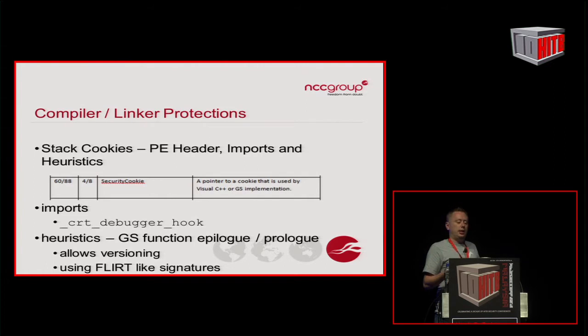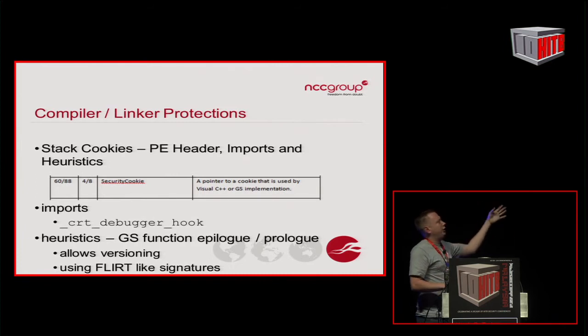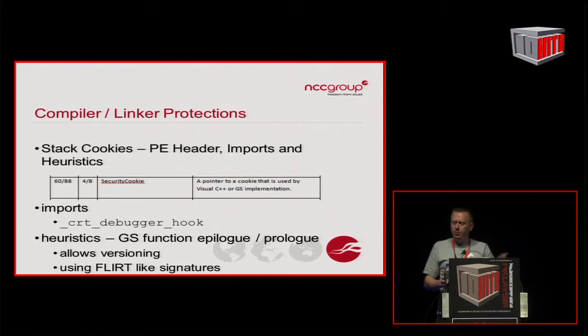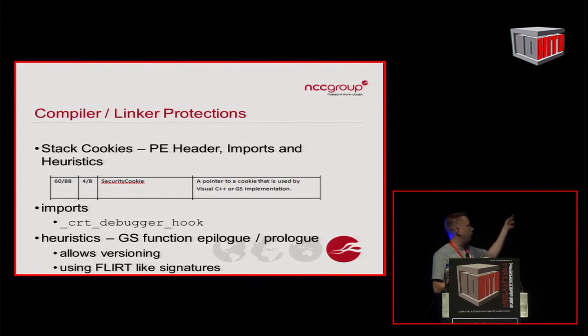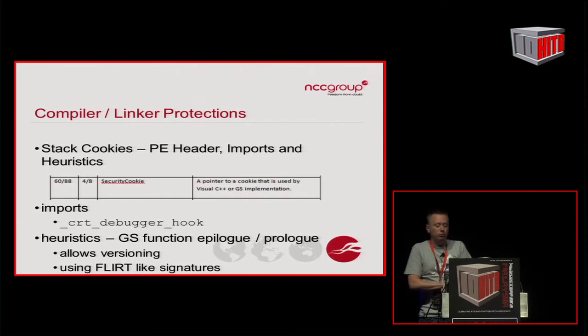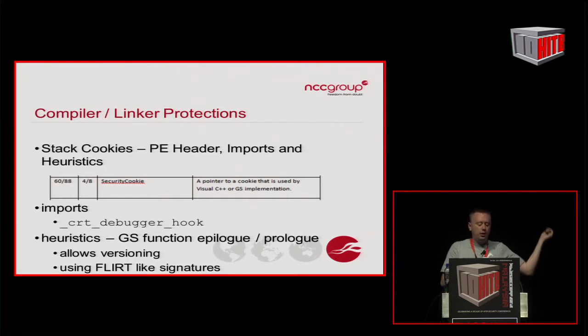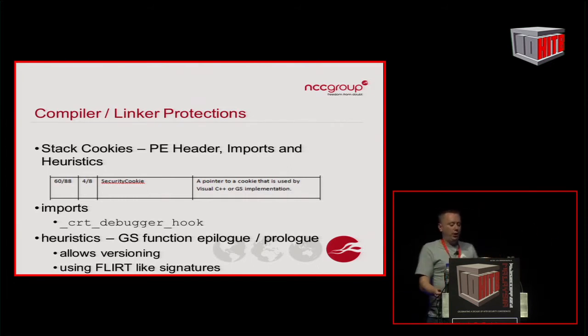Stack cookies: there are three ways that I use to detect them. One is the security cookie header field, which isn't always populated, but it is one tell that we can use. If you have a debug build, you can look at the import table and see if the CRT debugger hook is present, which is another possible mechanism of detection. And then the heuristics approach, which I originally presented back in 2007 while at Symantec.